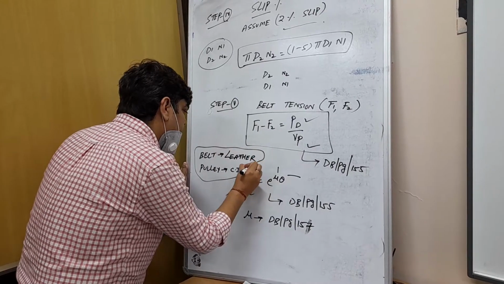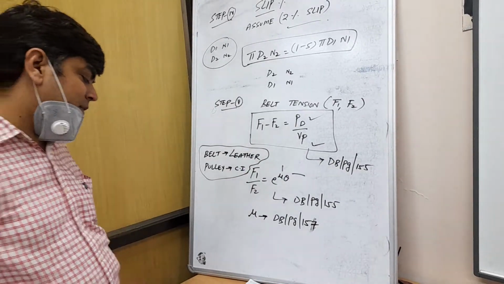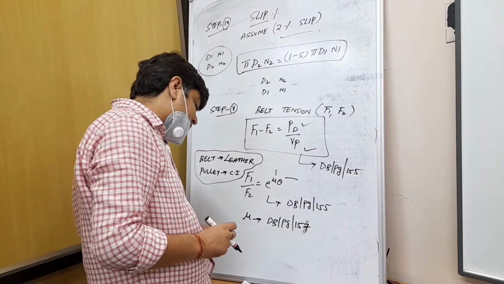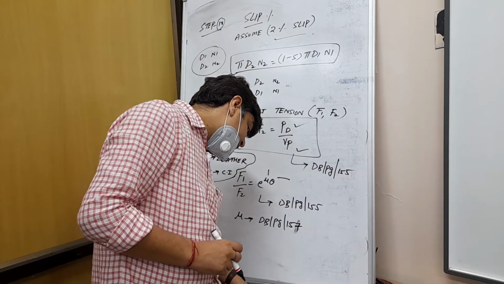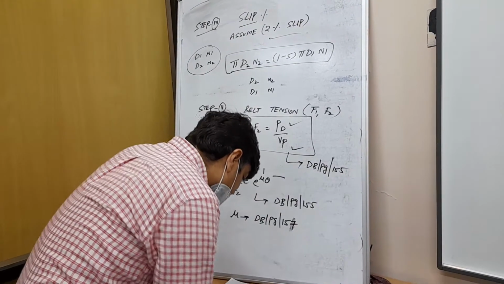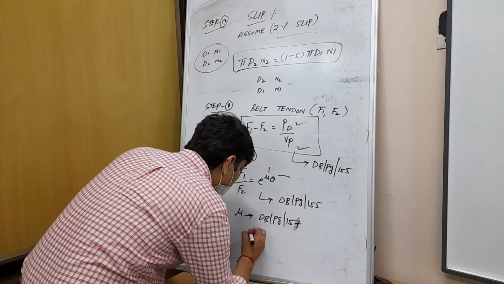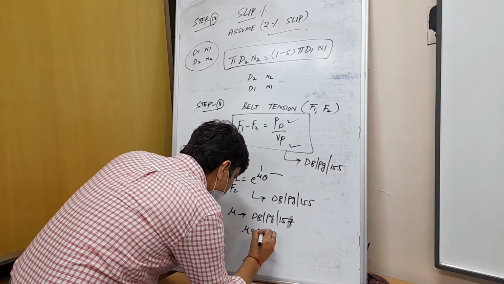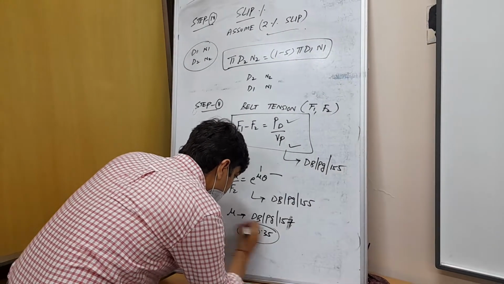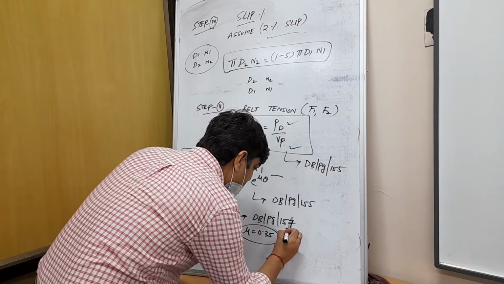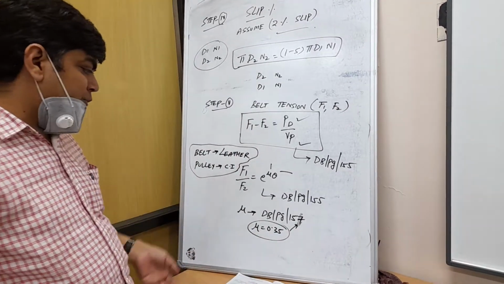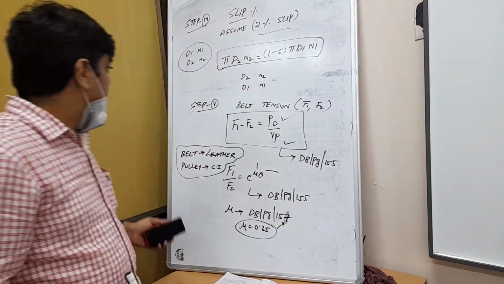One of the frequently used combinations, that is leather for belt and cast iron for pulley. So accordingly the friction coefficient is 0.35. So mu is 0.35. That is from data book page 157. So now I am going to the next step.